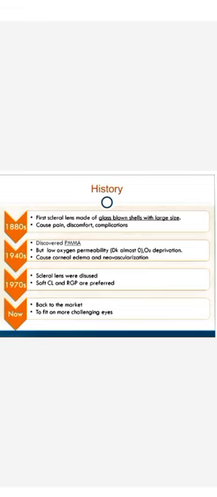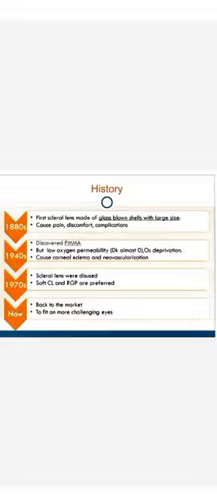History: the first scleral lenses were made of blown glass shells with a large size, causing pain, discomfort, and complications in the 1880s. In the 1940s, PMMA was discovered, but it had low oxygen permeability, with Dk almost zero, causing oxygen deprivation, corneal edema, and neovascularization.